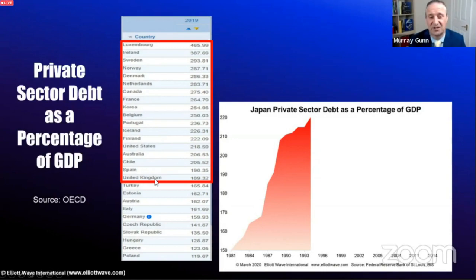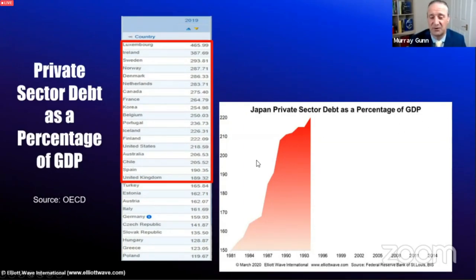But we've also got the UK at almost 200%. We've got the US at roughly 220%. And these numbers really haven't changed much since then. So there are a lot of developed economies in the world at the moment that have a huge amount of private sector debt as a percentage of GDP.